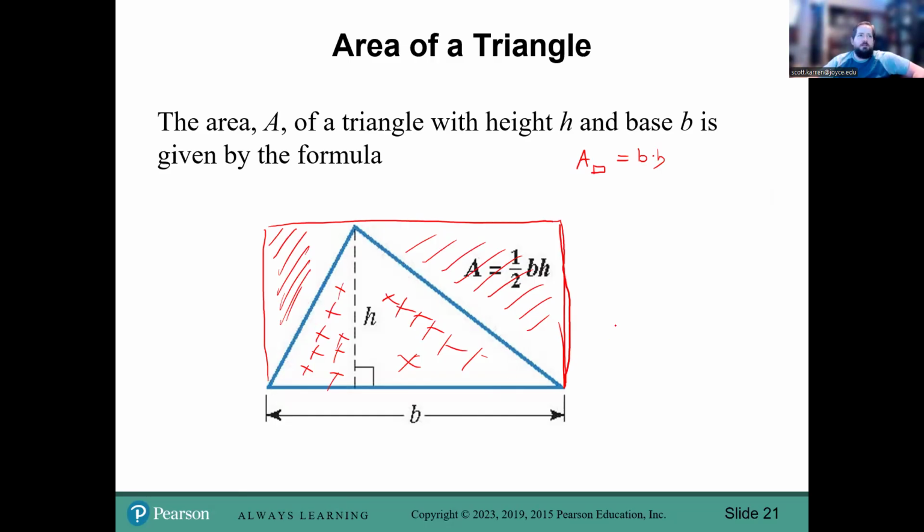And therefore, if this height of this rectangle is the same as the height here of the triangle, the area of the rectangle would be, that should be an H, base times height. So therefore, the area of the triangle is just half of that. It's half by taking this out and half by taking that out. So it's 1/2 base times height.